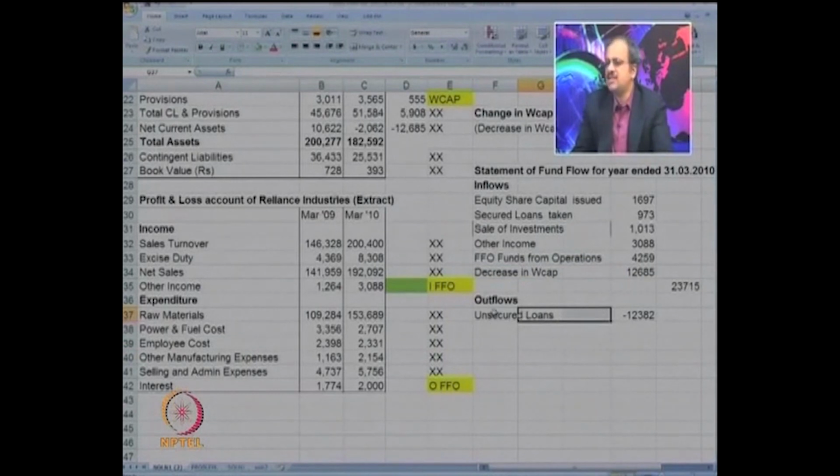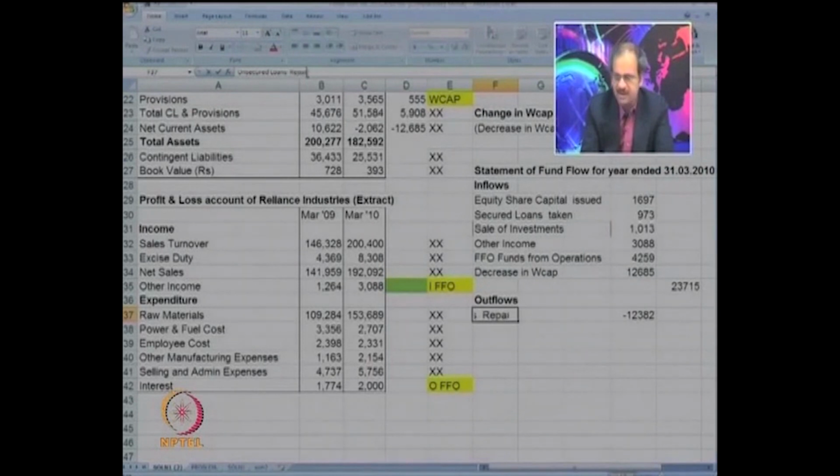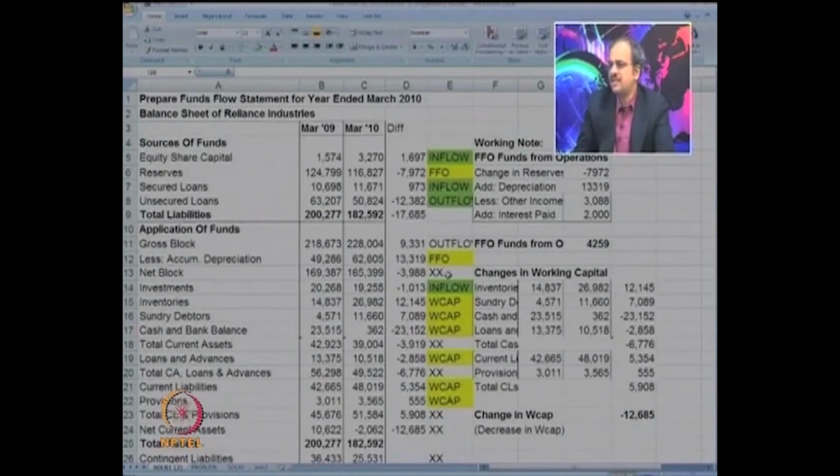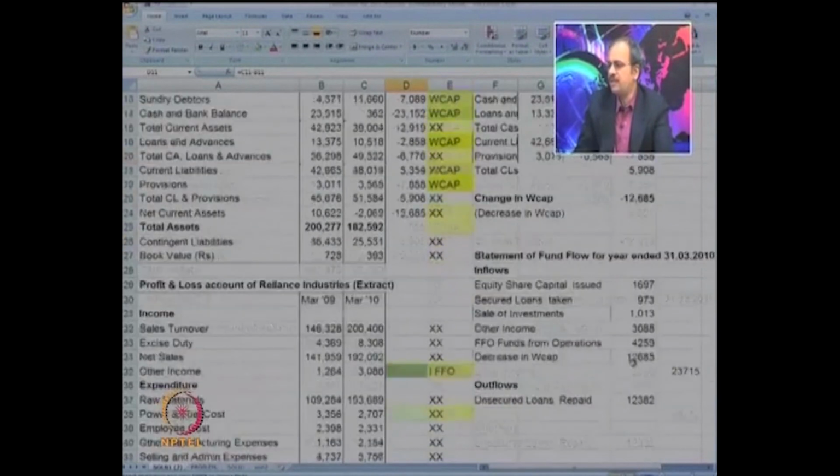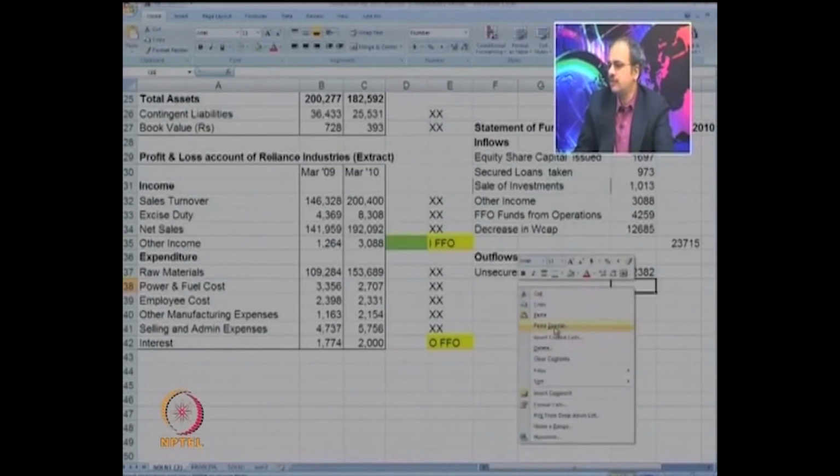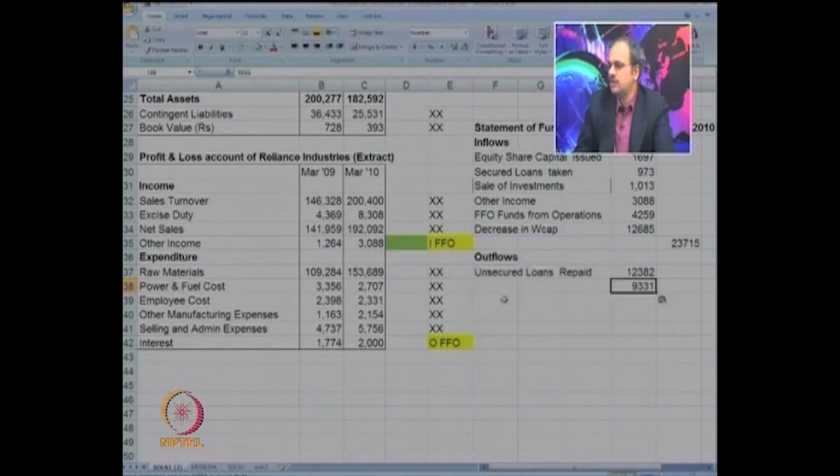You can say unsecured loan repaid, for more clarity. The next item of outflow is gross block. As we have already discussed, there is an increase in the gross block, which shows purchase of fixed assets by the company. So I will mark it as purchase of fixed assets.